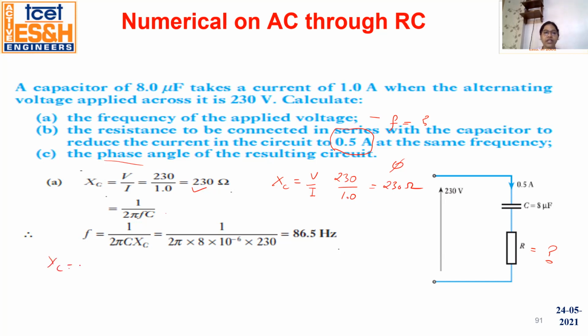Now Xc is what? Xc is 1 upon 2 pi F C. The value of C is already given, 8 microfarad, and micro means 10 to the power minus 6. So 1 upon 2 pi, F we have to find as F is not given, multiplied by 8 times 10 to the power minus 6, is equal to 230.